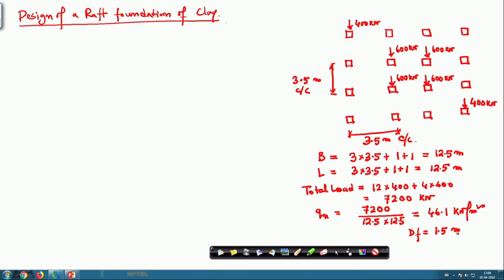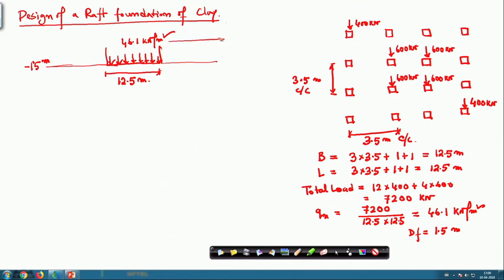Now, come back to the soil properties. Okay? So, this is the base of the foundation where the net stress acting is 46.1 kilonewton per meter square and the width is taken as 12.5 meter. Okay? And this base of the foundation is at 1.5 meter below the ground level.